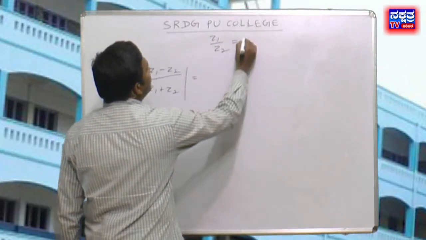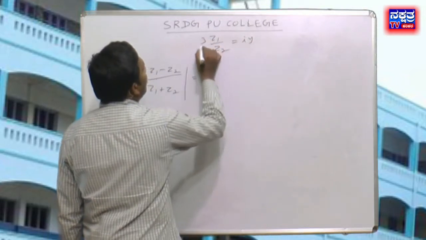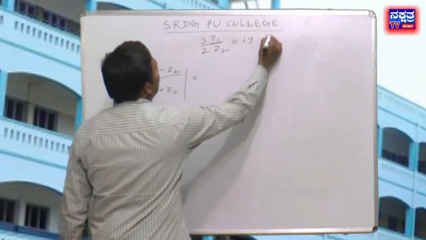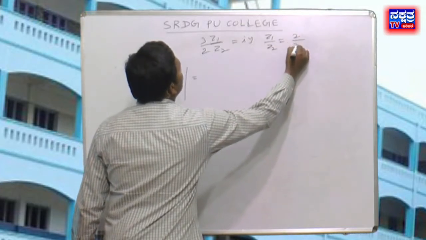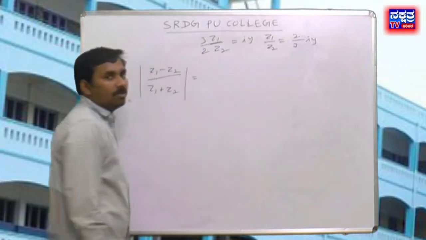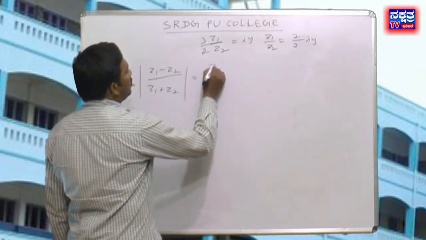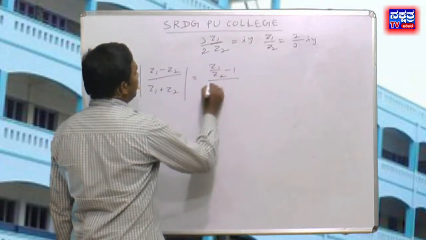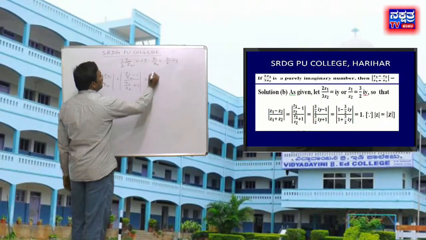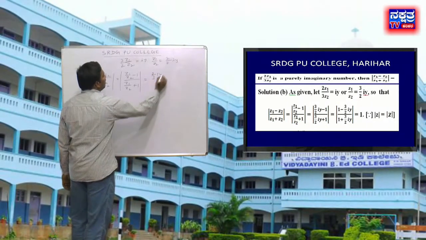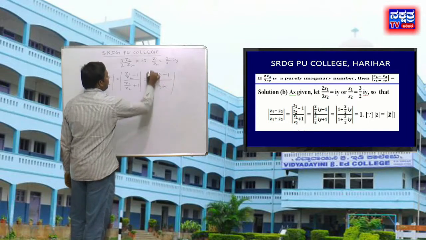So z1 by z2 is purely imaginary means, taking iy, 3z1 by 2z2, from this we get z1 by z2 equal to 2 by 3 iy. Like this also we can get. You take any term: z1 by z2 minus 1 by z1 by z2 plus 1. If you take this, here 2 by 3 iy minus 1 by 2 by 3 iy plus 1.